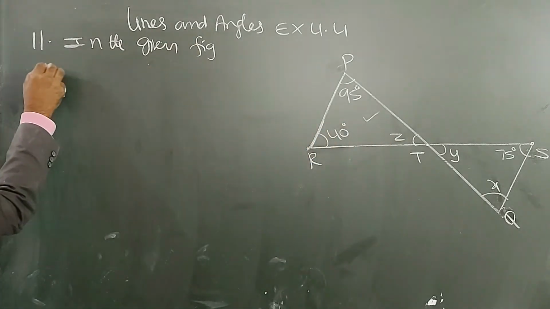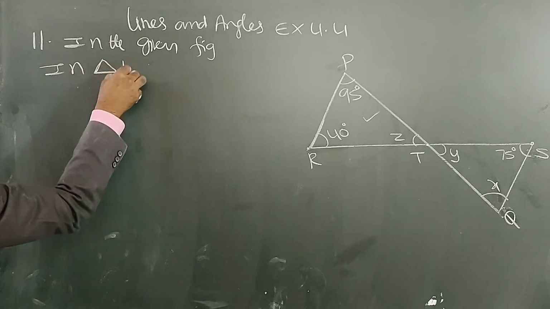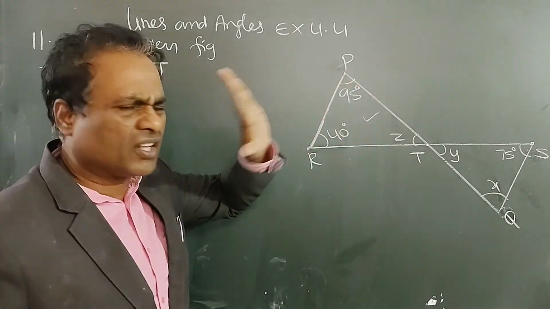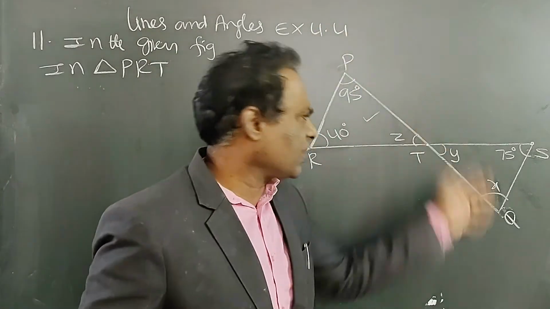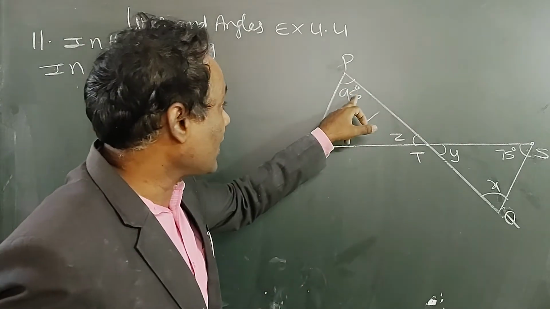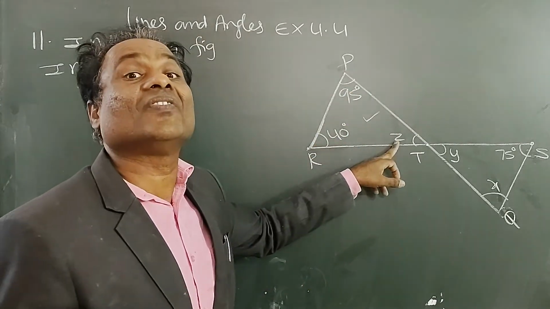In triangle PRT, only concentrate on this triangle. Forget about the remaining diagram. Only PRT you see. Sum of three angles in a triangle is 180 degrees.